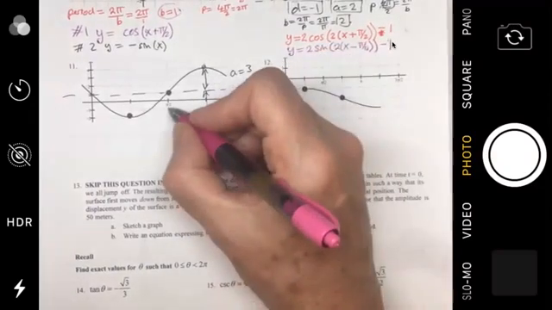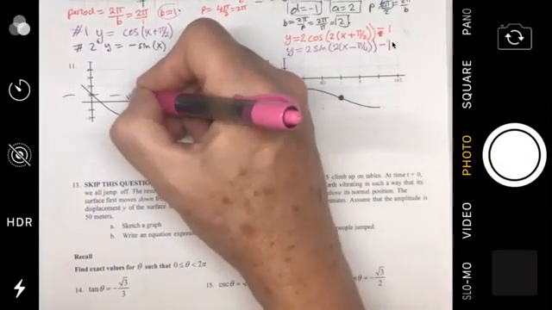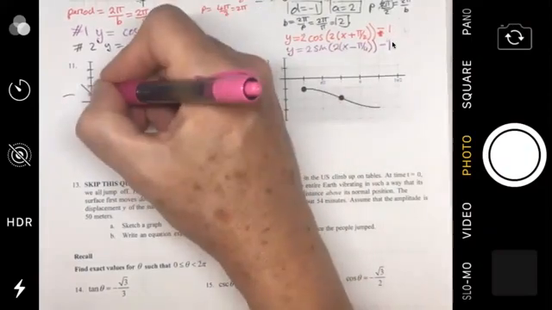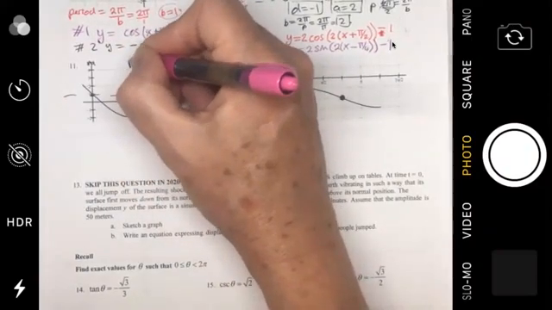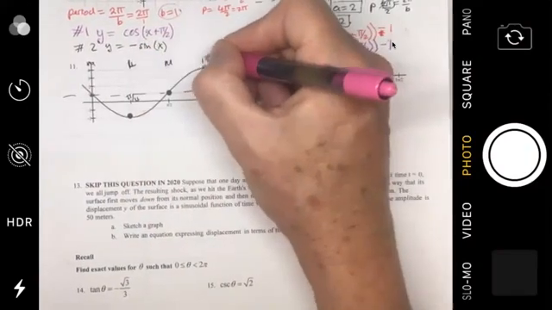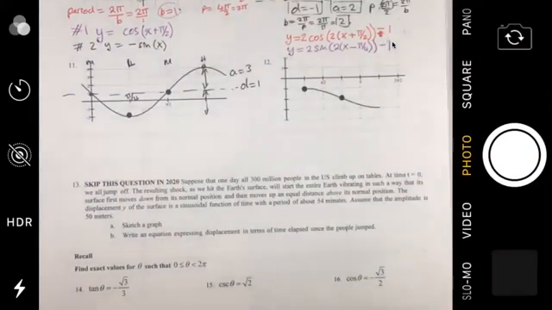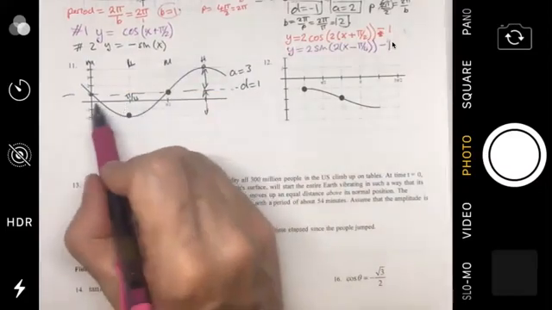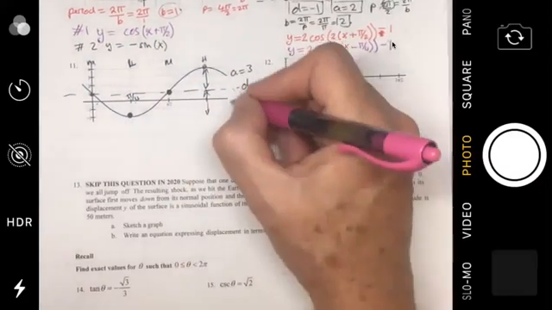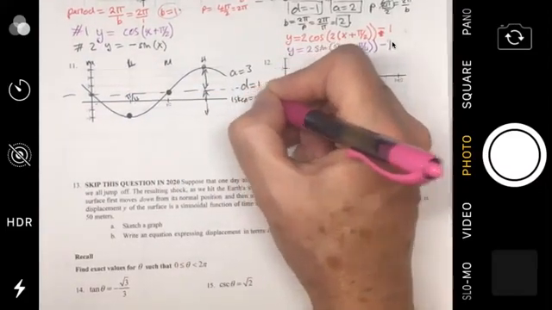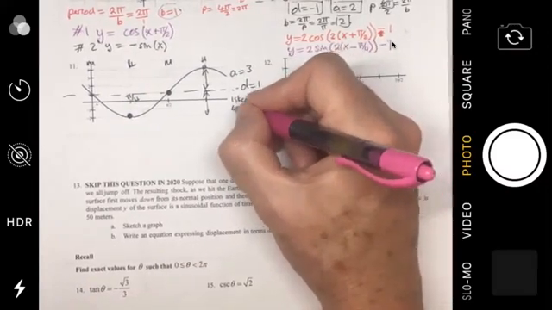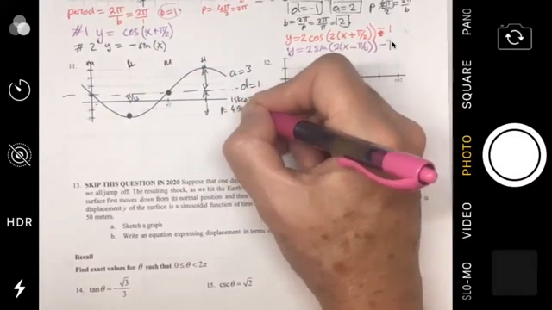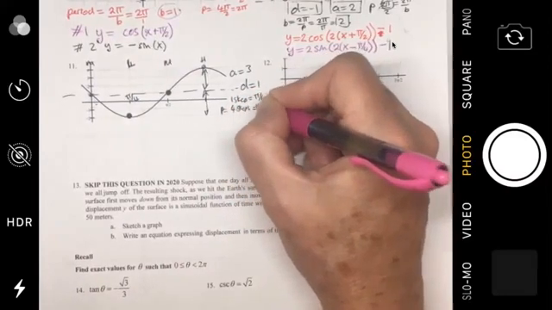If that's pi by 2, this must be pi by 4. This is a middle, high, middle, low, middle, high. I don't have much about this wave at all, but I can see that one step length, one step equals pi by 4. So 4 steps, which would be the period, must be pi.